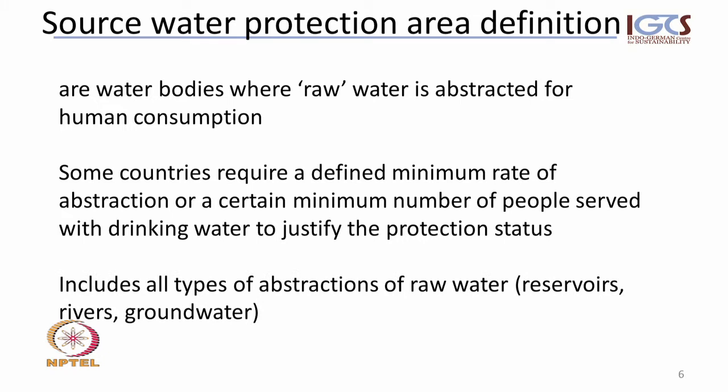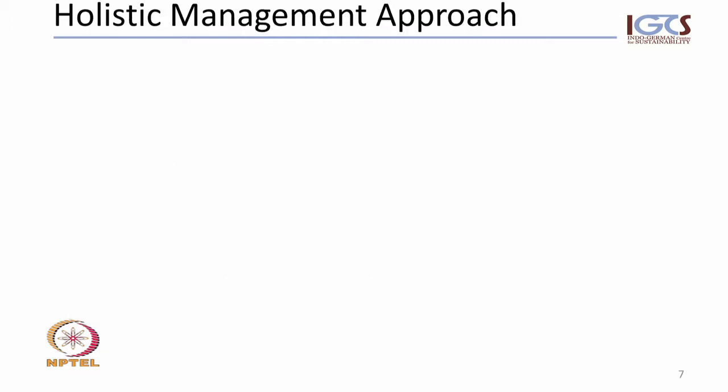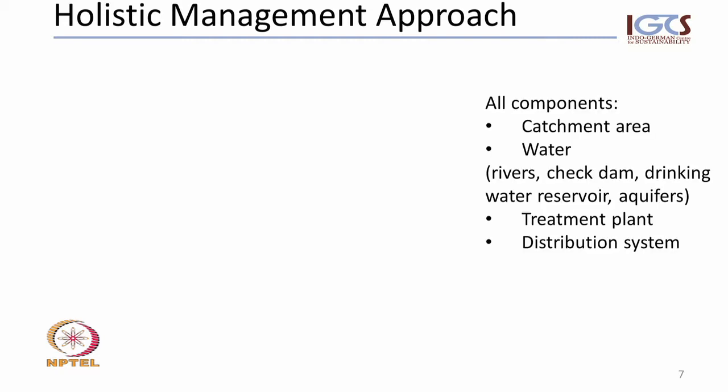It includes all types of abstractions of raw water, which means it includes surface water bodies, reservoirs, rivers, as well as subsurface water, groundwater. Now, how can we achieve something like source water protection? This has been done through a holistic management approach, where we include all of the components of the water resources.